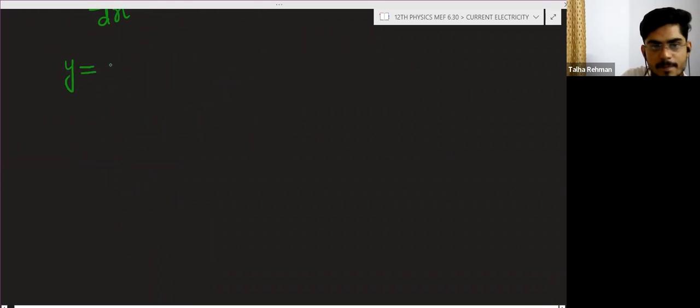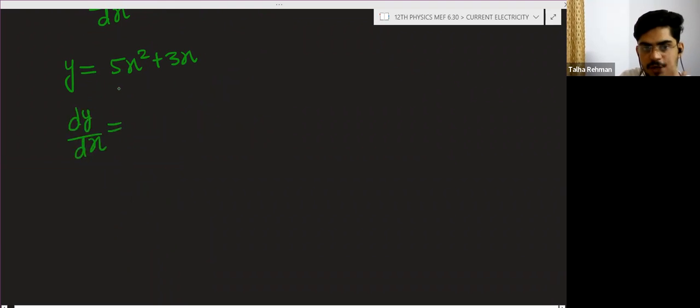Suppose y is given as 5x square plus 3x, and I want dy by dx this time. You should distribute the differentiation over the whole equation.